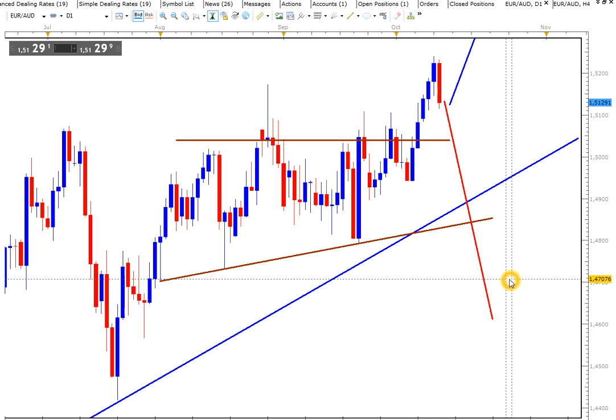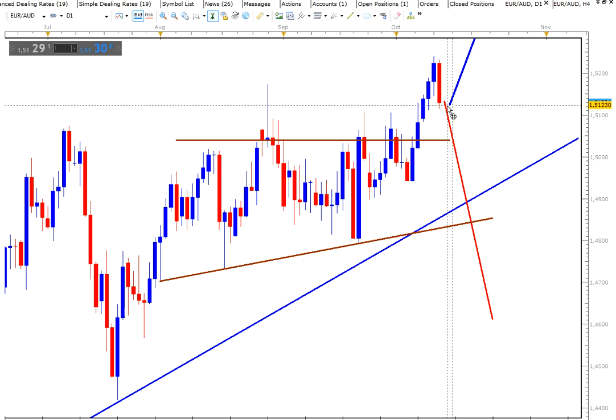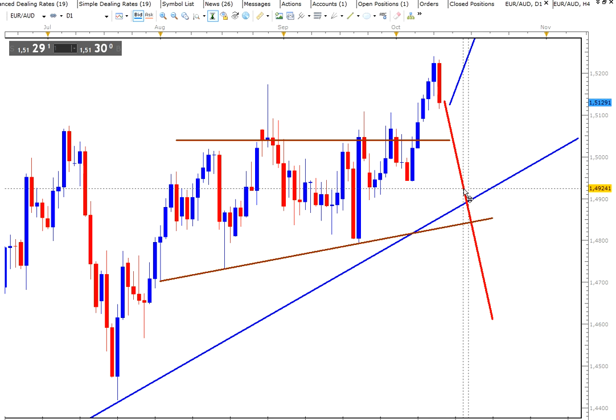Now, based on what I'm seeing here, the bearish reversal possibility is looking the more likely option.